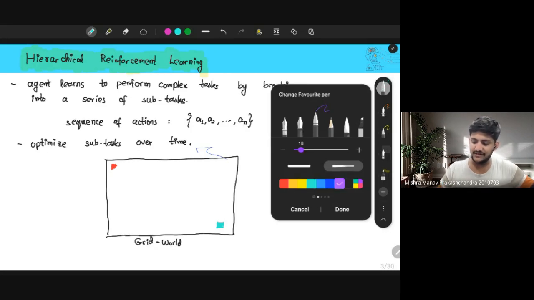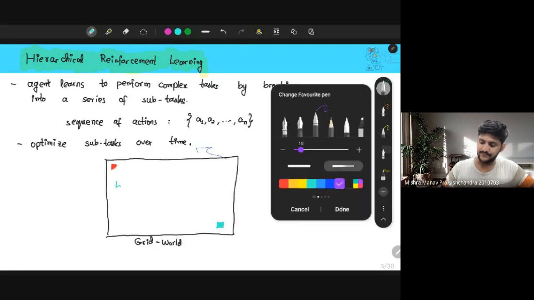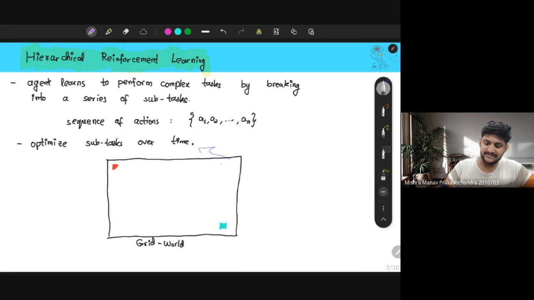So let's say initially there is some key lying around here. Maybe I should use different notation for keys. So let's say keys are circles.